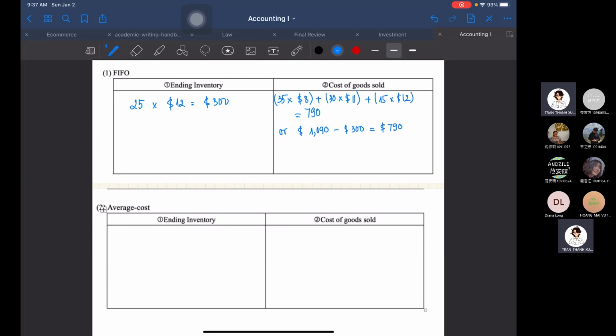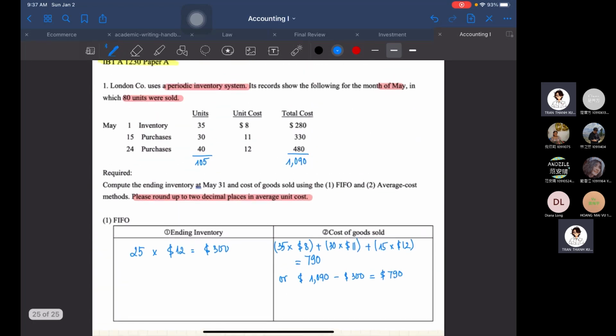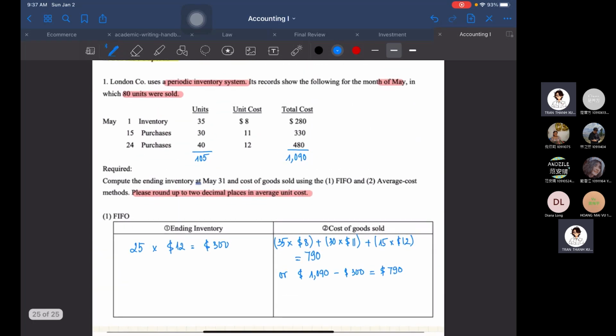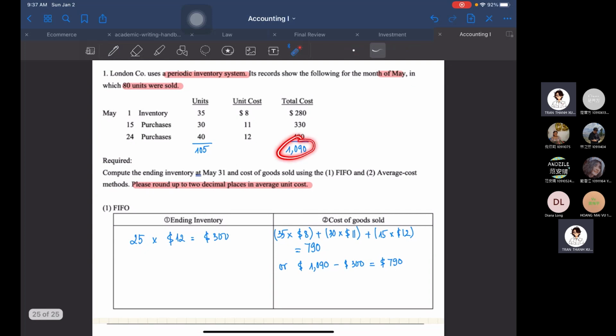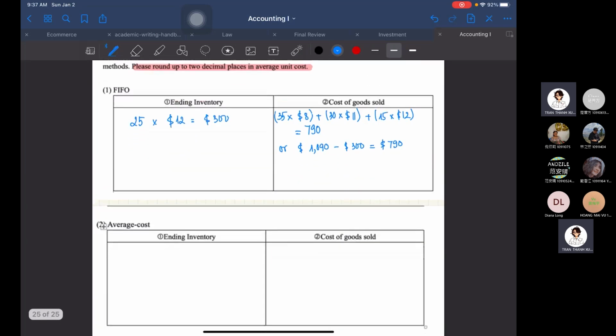Okay, for the next one, the average cost, you need to calculate how much is worth for an item, and then you use that unit cost to calculate the total cost of goods available for sale. So for this one, we have 105 items with the total cost of 1090.